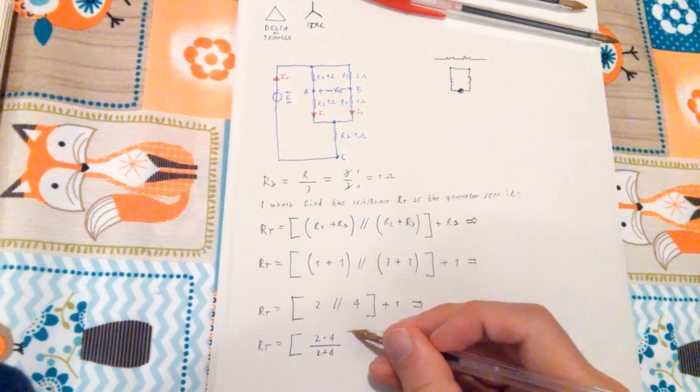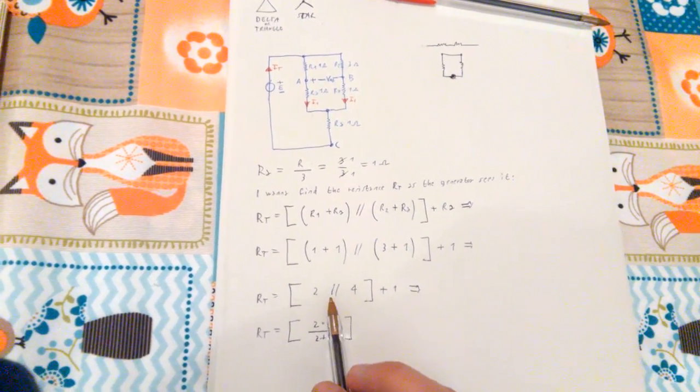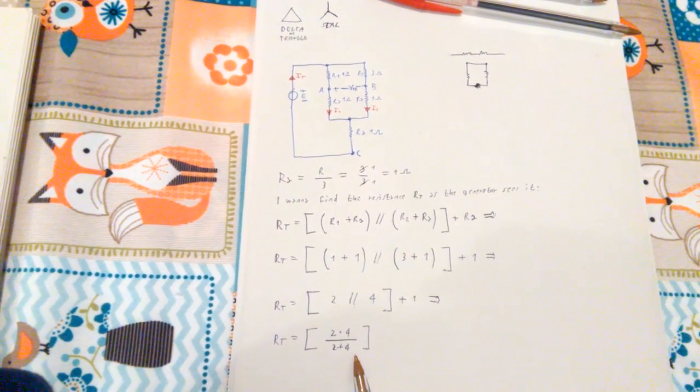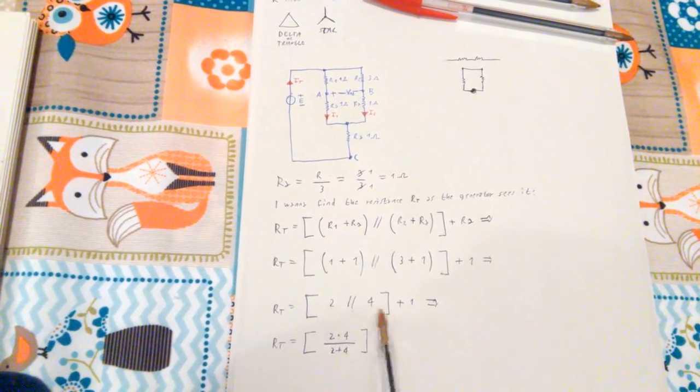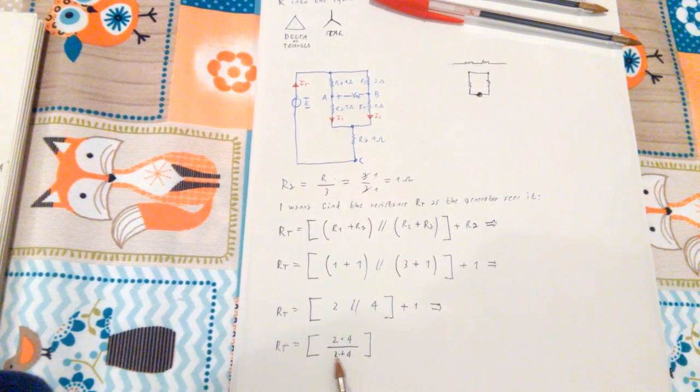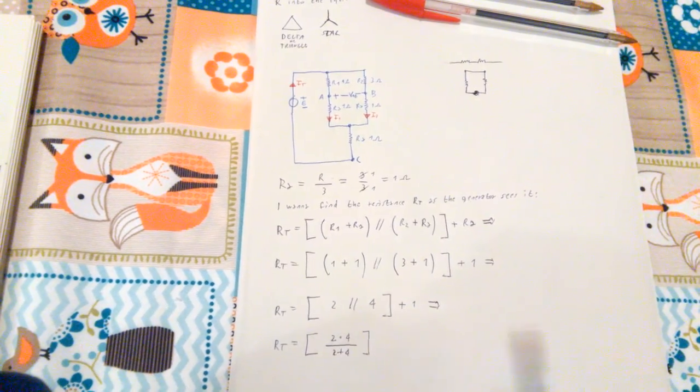So having this symbol here, in parallel, literally just means multiplying those two numbers and then dividing them by the sum of these two numbers.